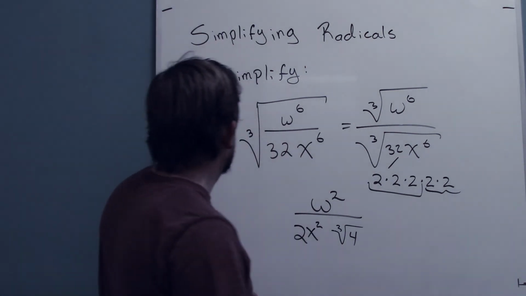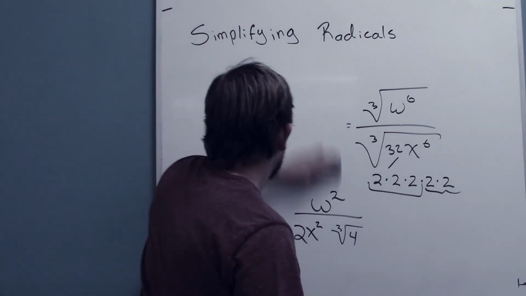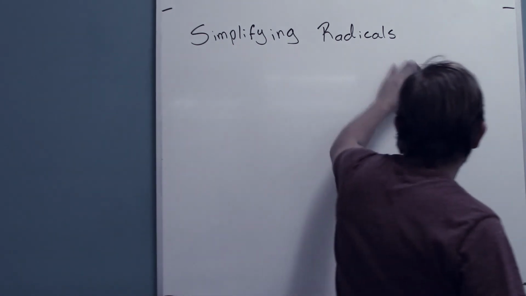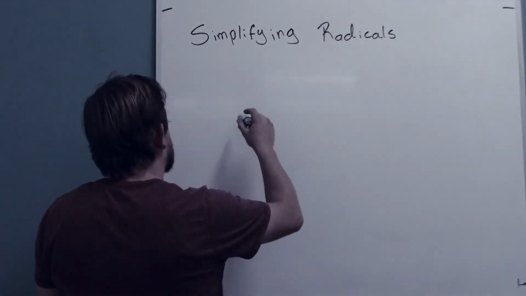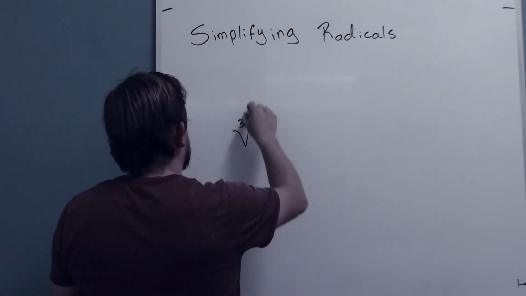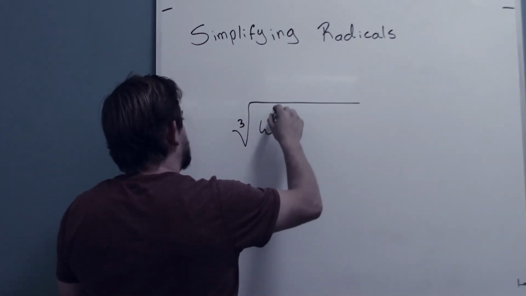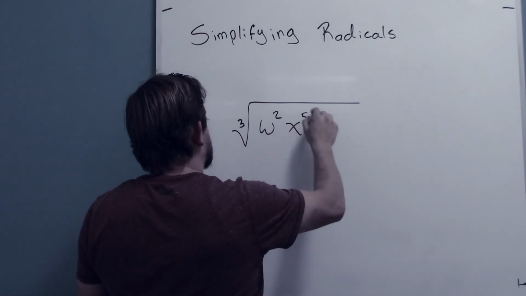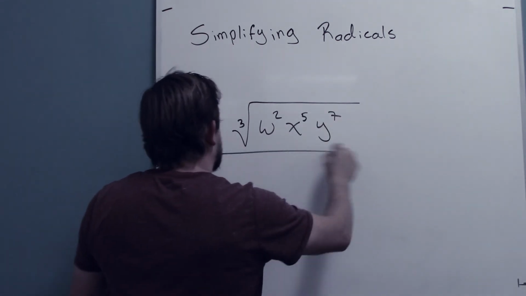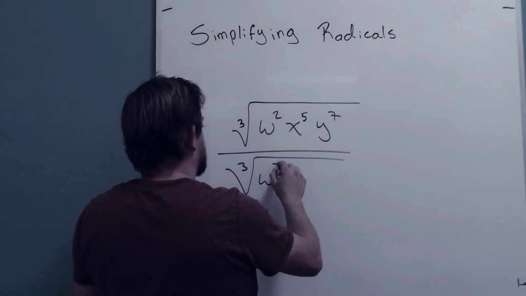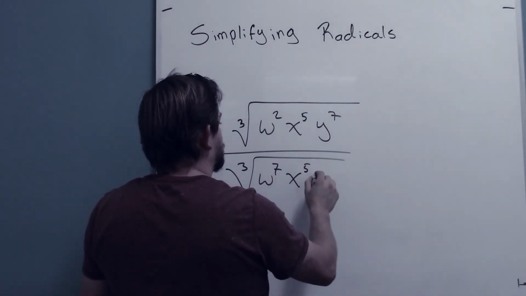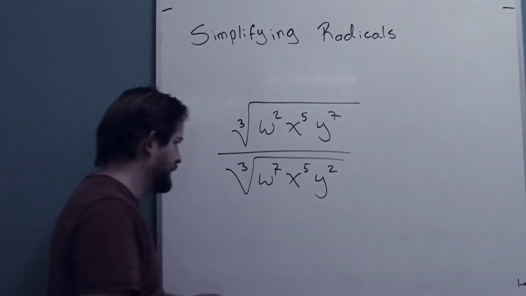Let's take a look at just one more of these. Let's say I have the cube root of w squared x to the 5th y to the 7th over the cube root of w to the 7th x to the 5th y squared.